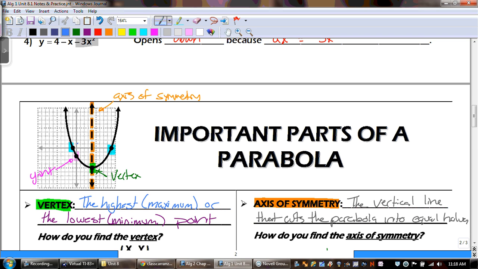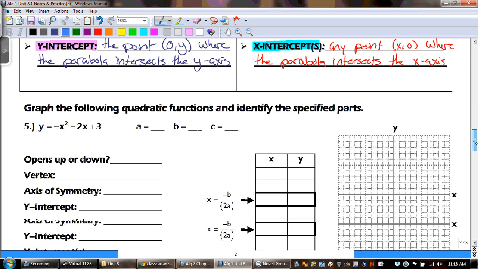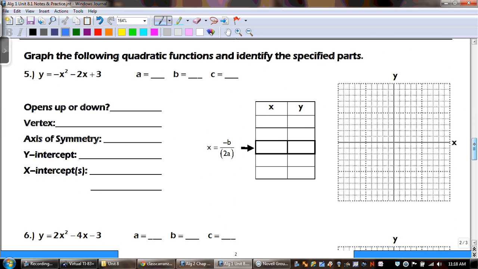And then our blue points, those are the x-intercepts. So we've got a lot of things going on with that graph. And don't worry, you're not going to have to memorize all of that stuff right away. We're slowly going to get you to do all this stuff. Okay? So, graph the following quadratic function and identify the specified parts.